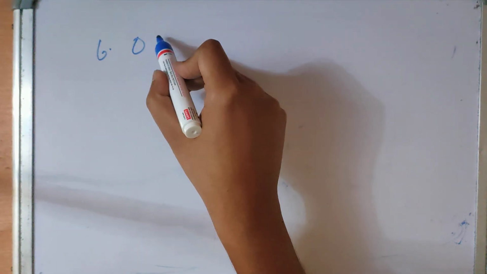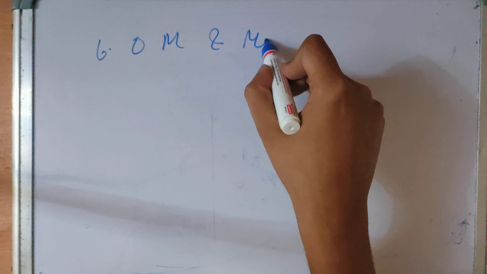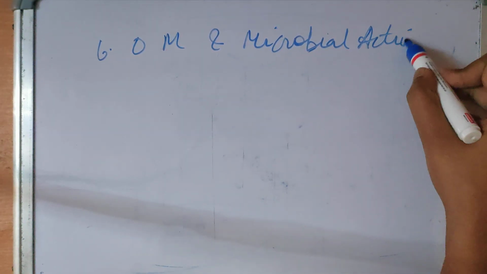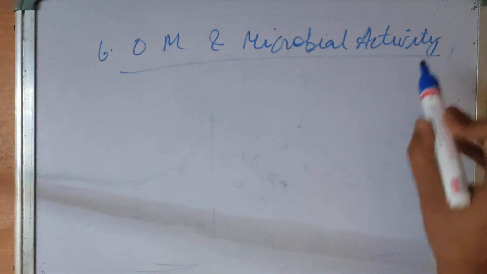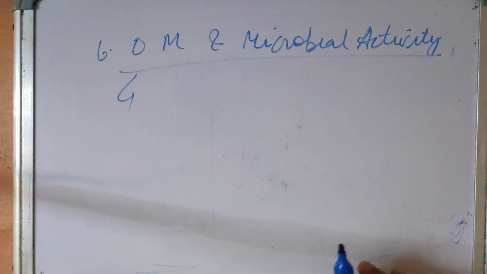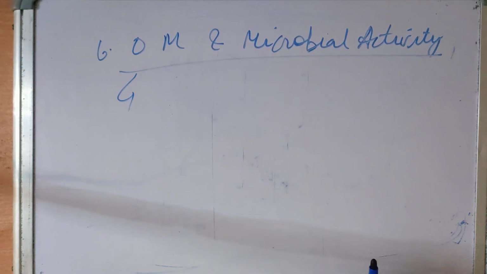Next point is organic matter and microbial activity. P in organic form can be mineralized and immobilized.